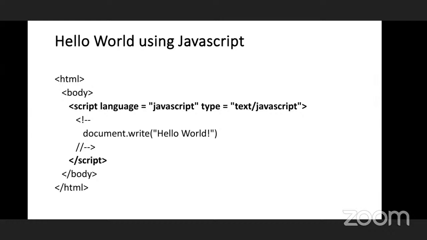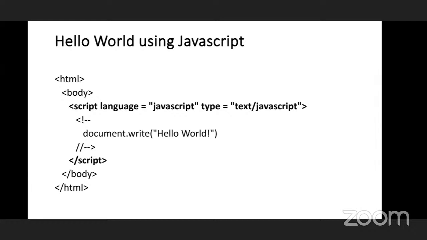Then observe here, we have one statement, document.write. Within the parentheses, within the double quotes, we have written hello world. This is an output statement in JavaScript. You know already, in C language the output function is printf. In C++, the output is cout.